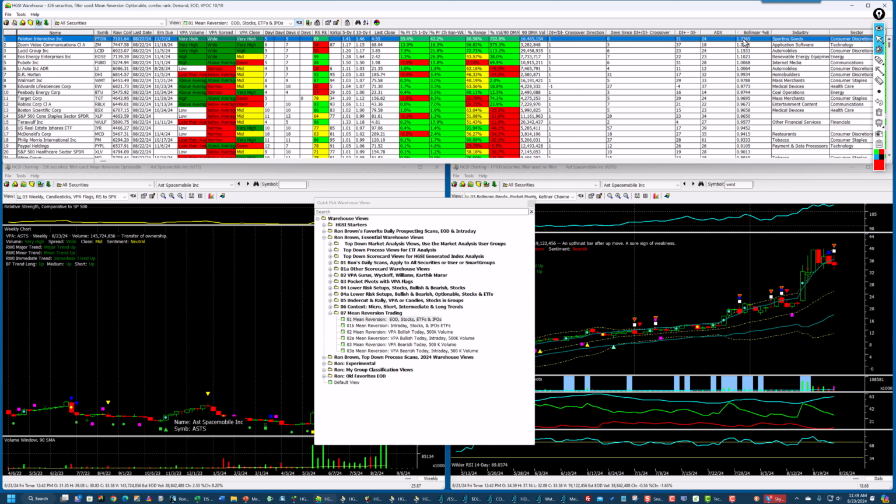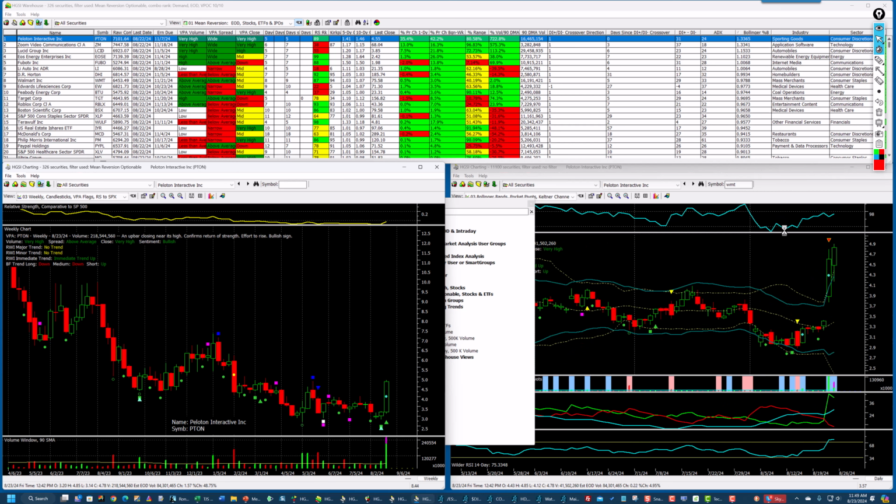So Peloton Interactive as of last night was outside the band. Here's the band behind it, and you can see that it closed outside the band at 133.